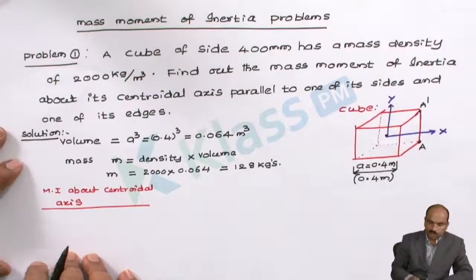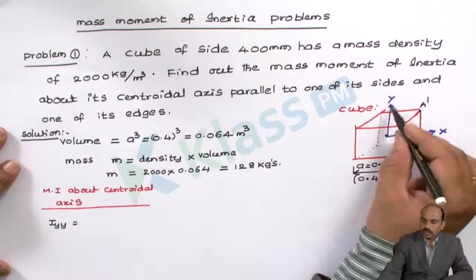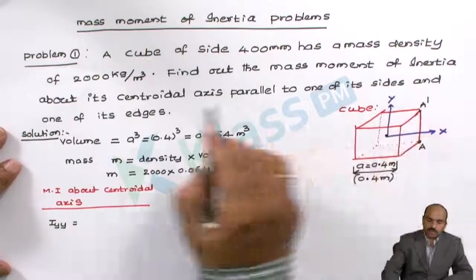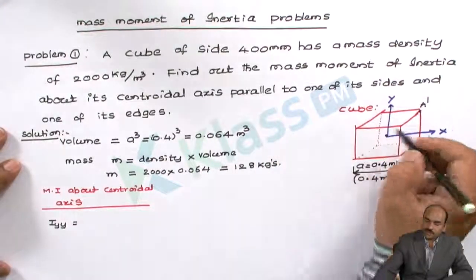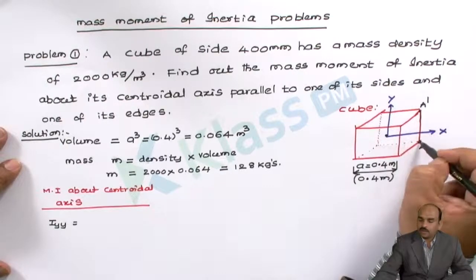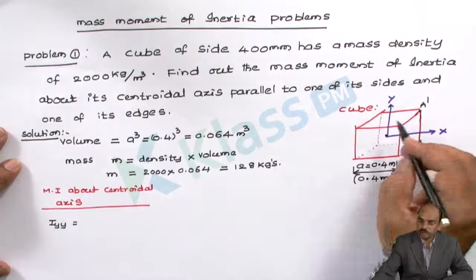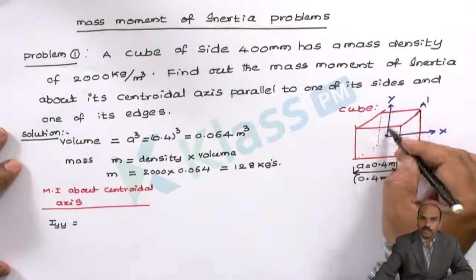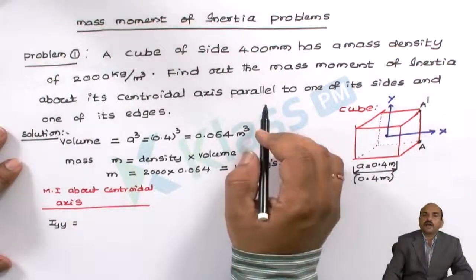I am calculating I yy, because I am trying to calculate the moment of inertia about a centroidal axis parallel to one of its sides. Parallel to the A dash side, there is a centroidal y axis. That is why I am calculating I yy. It is asked in the problem.